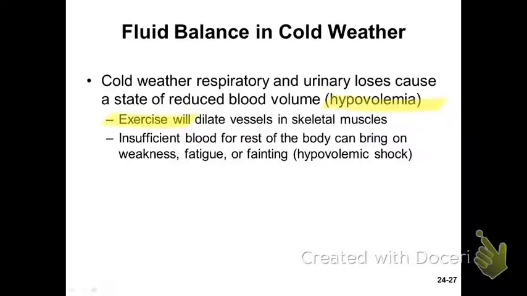And so you could experience some fatigue or fainting or weakness by going outside and doing more activity than what you're accustomed to. Now, again, you can train your body to adapt to this, but I wouldn't recommend going outside in minus 20-degree weather and trying to exercise without expecting some of these symptoms.